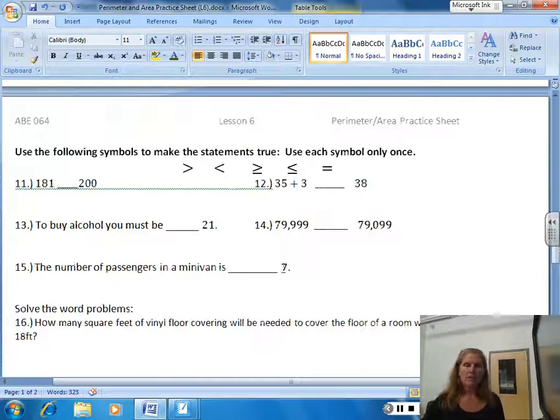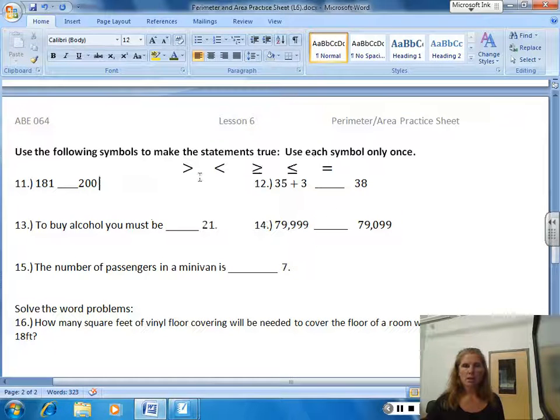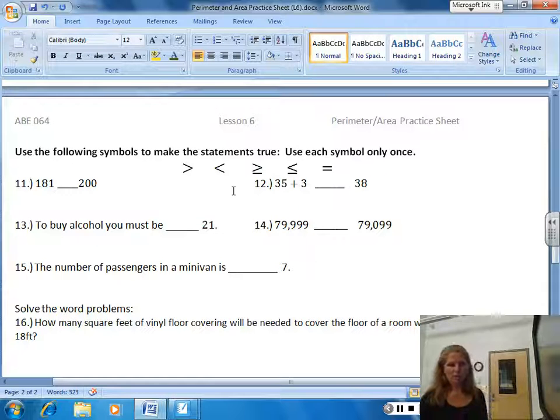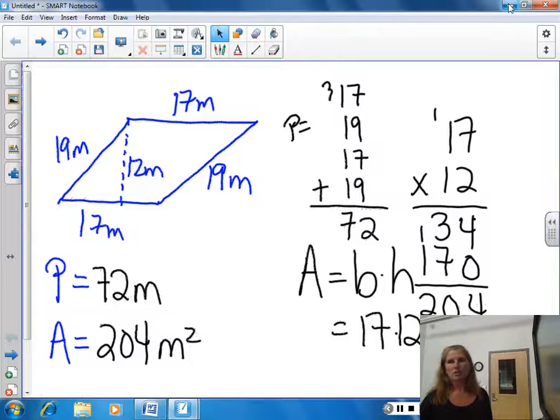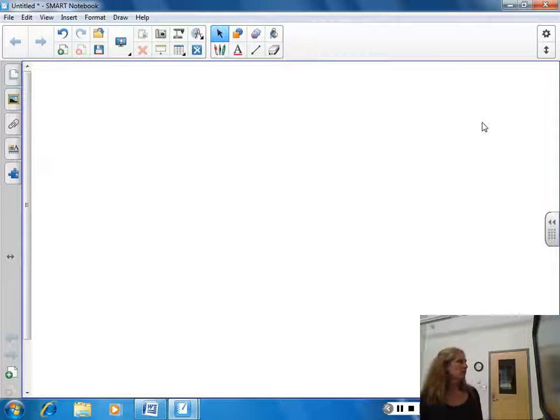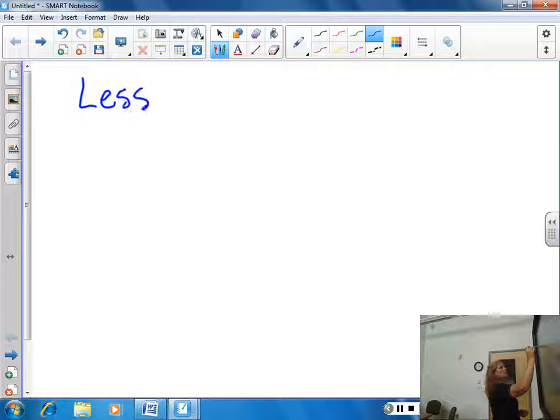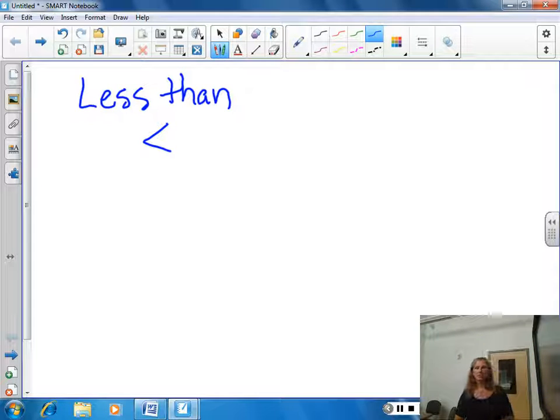And the next section asks you to compare using greater than, less than, greater than or equal to, and so forth. So let me just define all of that, and then we'll go back and do some word problems using perimeter and area. Less than points left.